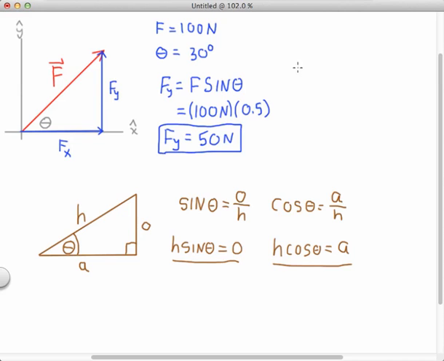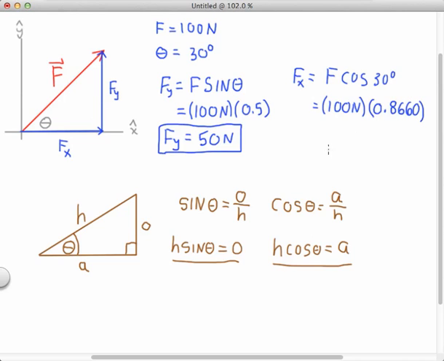We can do the same thing to find f sub x. Now, f sub x is the adjacent side of the triangle, so I'm going to use the cosine function. So that's going to be the magnitude of the vector f times the cosine of 30 degrees. Once again, f is 100 newtons, and the cosine of 30 degrees, well, if you look this up in your calculator, it's about 0.8660.